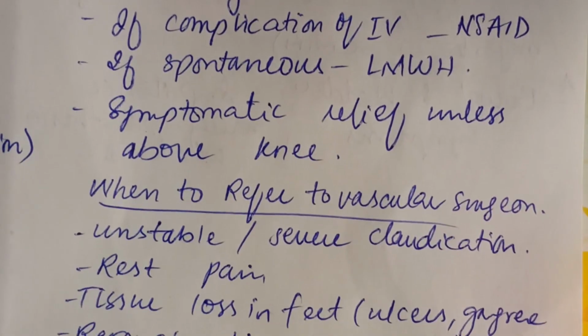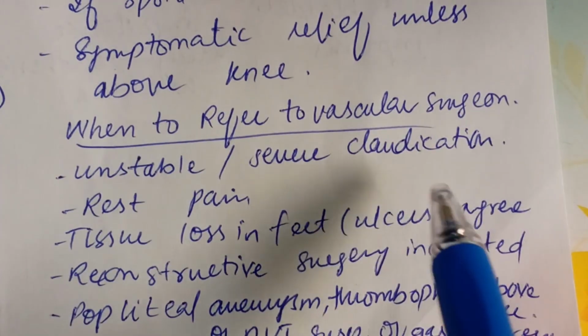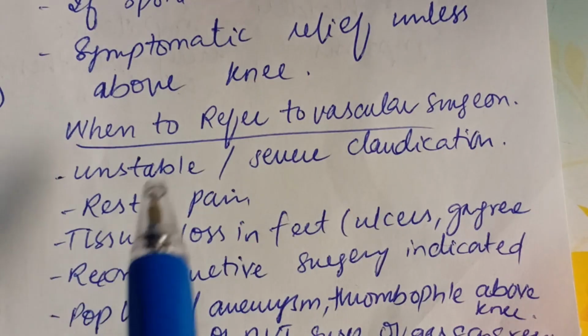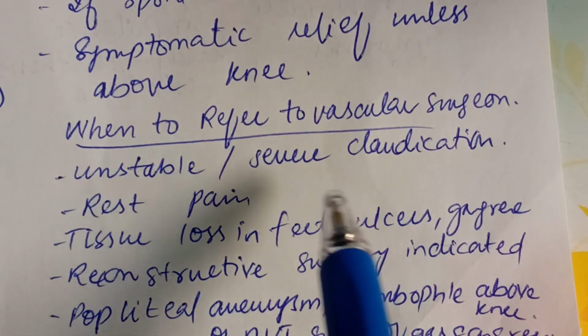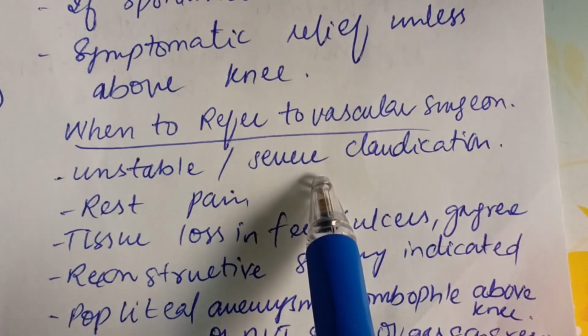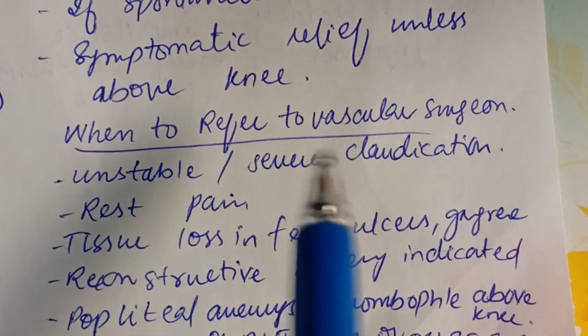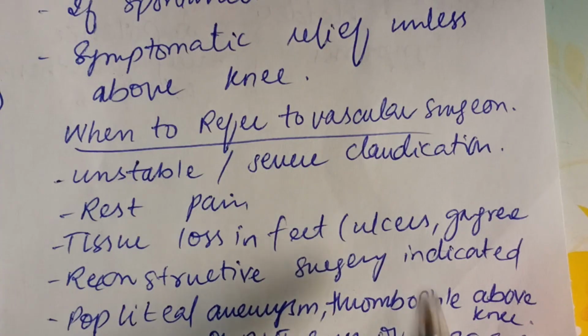When do we refer the patient to the vascular surgeon? If there is unstable or severe claudication, that is new onset and worsening, or severe claudication that is hindering the normal lifestyle of the patient, rest pain, or tissue loss at the feet, like ulcers, gangrene, and tissue loss between the toes.